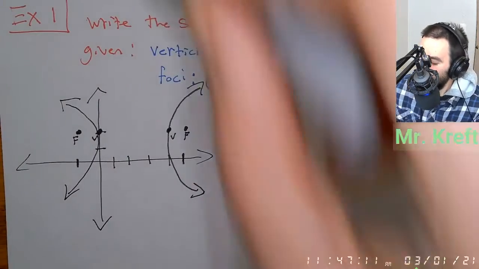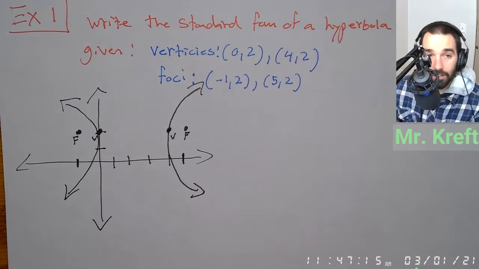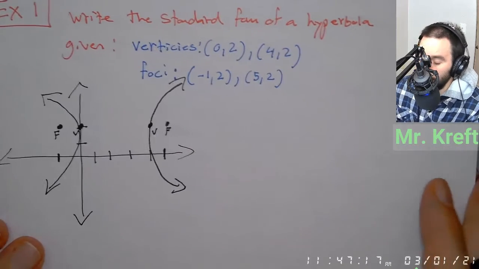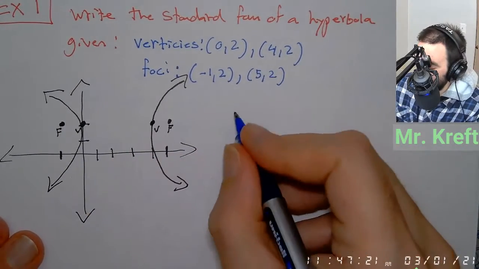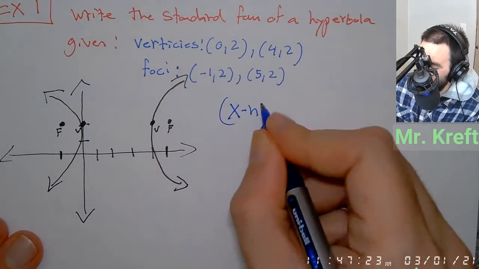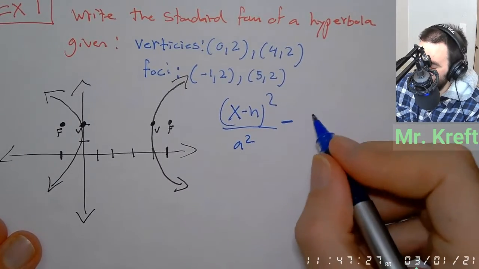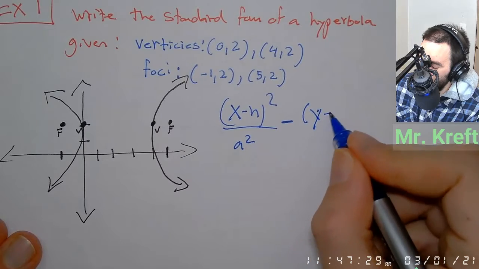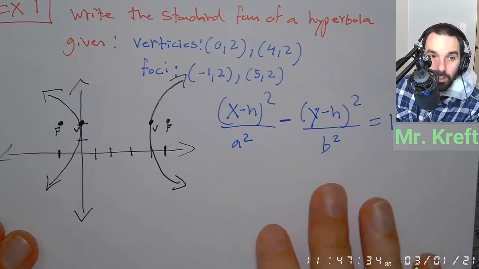All right, so we need to find everything. The next thing I might do: my major axis is definitely horizontal, so I can write (x minus h) squared over a squared. It's a hyperbola, so it's going to be the difference: (y minus k) squared over b squared equals 1.